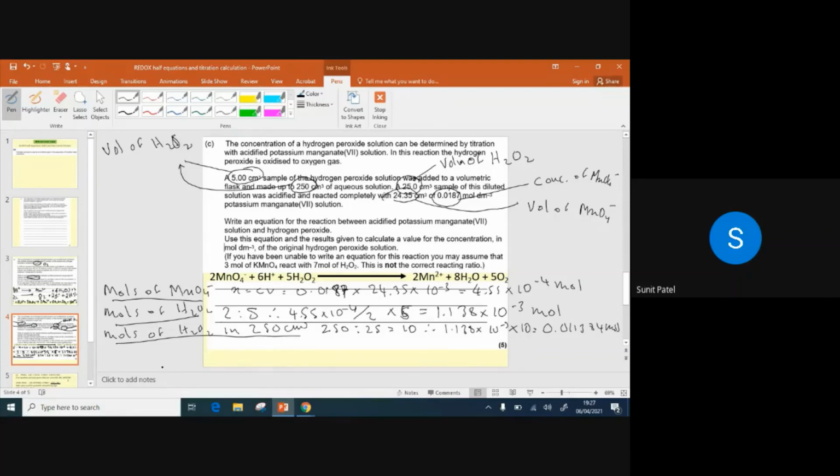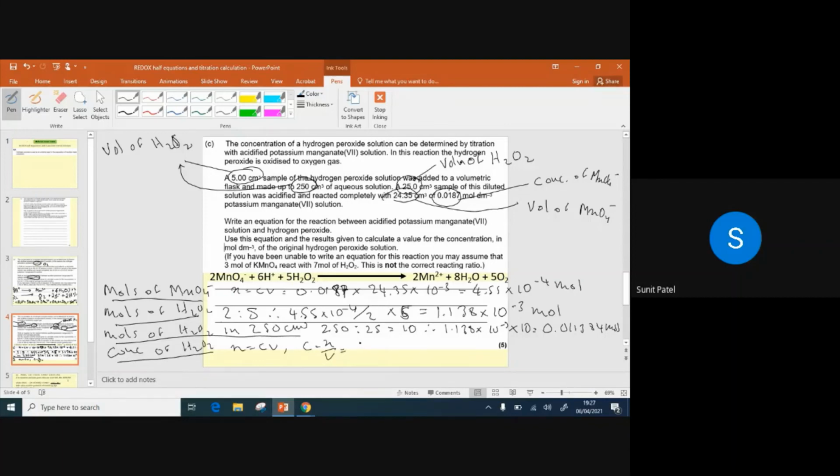Now from here, we are ready, finally, to work out the concentration of H2O2. We have a volume, there it is at the top there, of 5. So once again, n equals CV. Rearrange it to make C the subject.